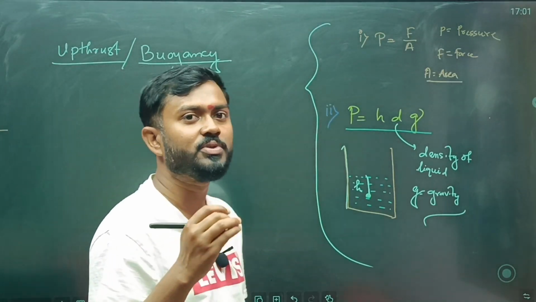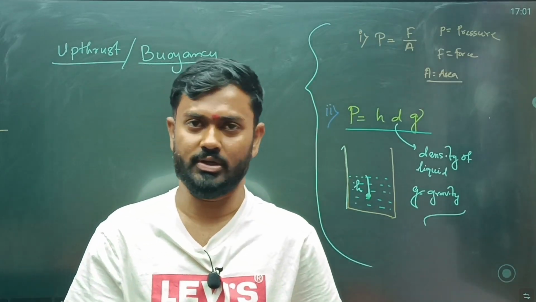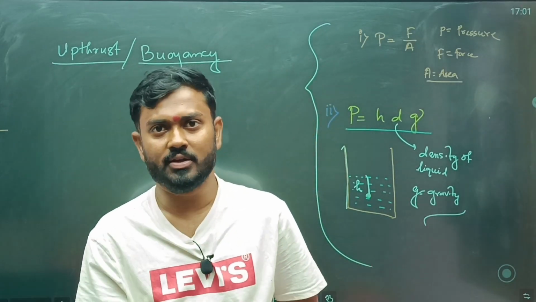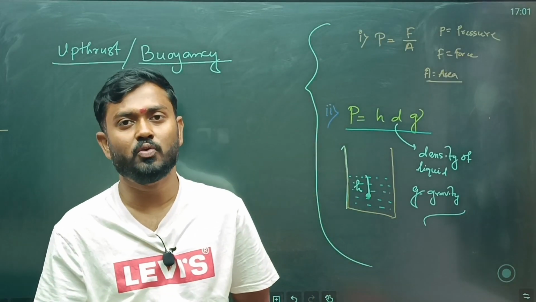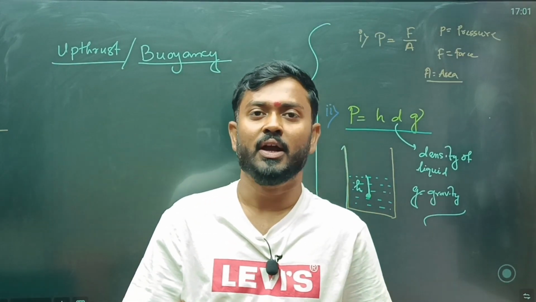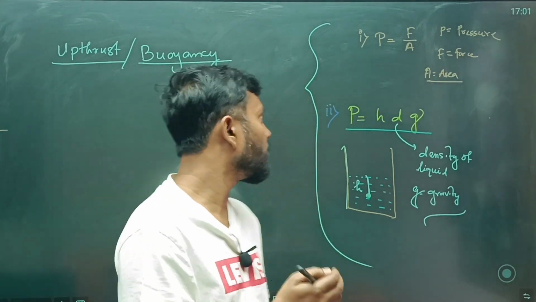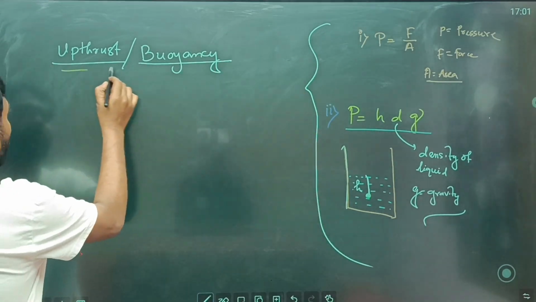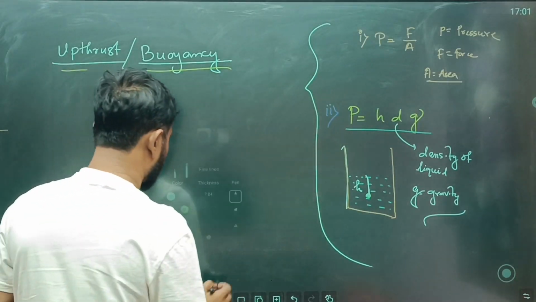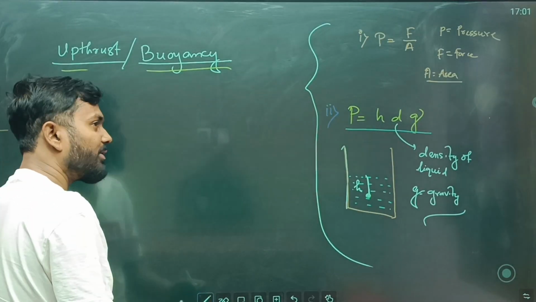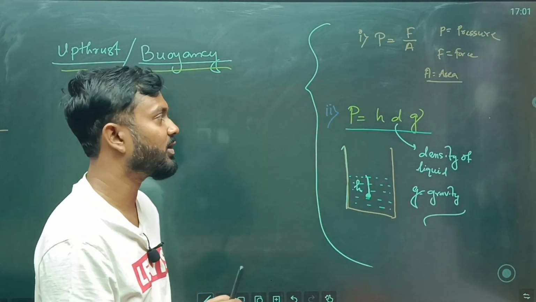When an object is immersed or submerged in any liquid or fluid, it experiences a force directed upward, opposite to gravity. This force is known as upthrust or buoyancy force, and it is applicable for static liquid.